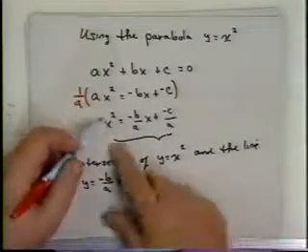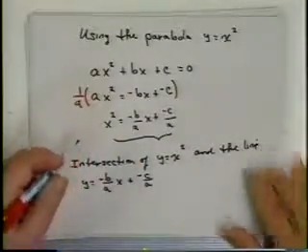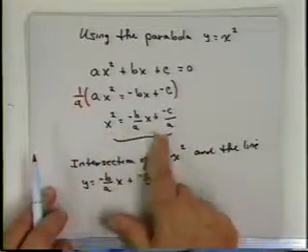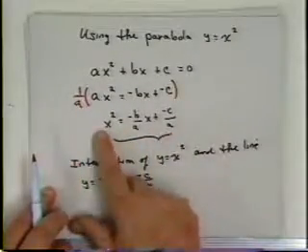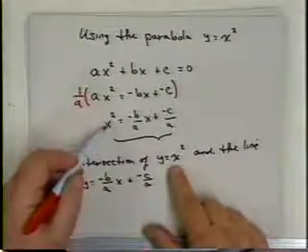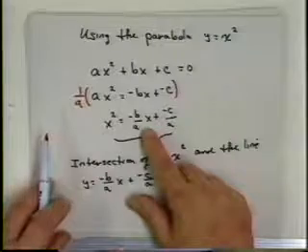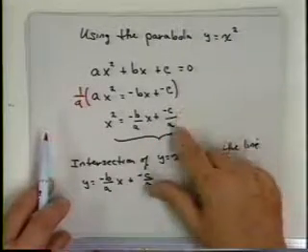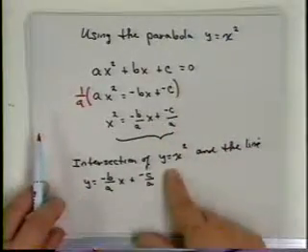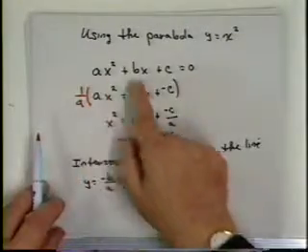Now here's the point. This says two values are equal. Think of this as being the curve y equals x squared. And think of this as being the straight line y equals negative b over a times x plus negative c over a. What that line will look like depends on the choice of a, b, and c.